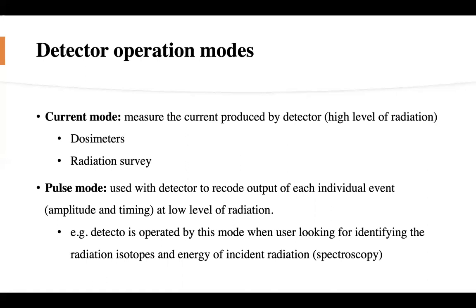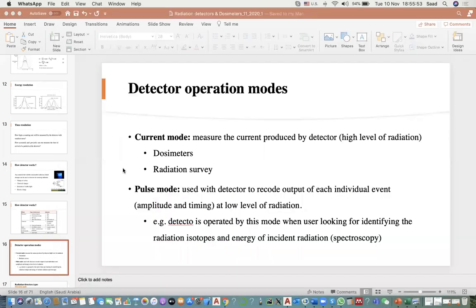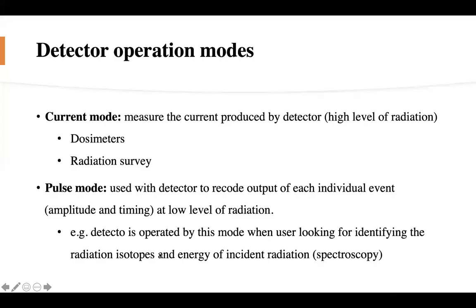For example, the detector is operated in this mode when the user is looking to identify radiation isotopes. So pulse mode means the detector will produce a spectrum with different peaks. Each peak has a specific energy, and it will be related to specific isotopes.